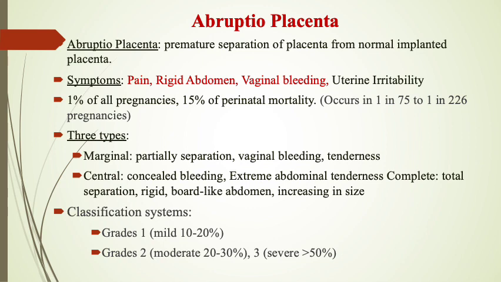So when you have that premature detachment or separation of the placenta from the uterine wall, that is an obstetrical emergency. Earlier, we said that the fetus gets its nutrients and oxygenation from mom through the placenta via the umbilical cord.